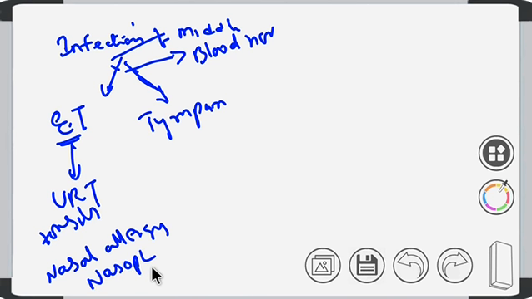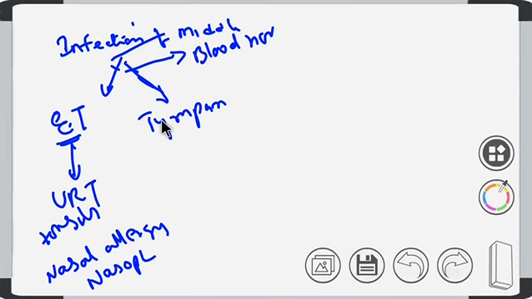In all these conditions, infections spread through the eustachian tube to the middle ear. Even infections in the external ear can go through the perforation in the tympanic membrane to the middle ear. Clear?